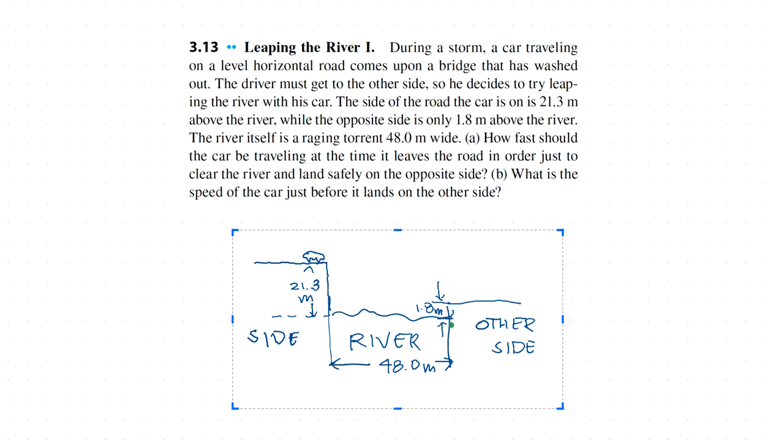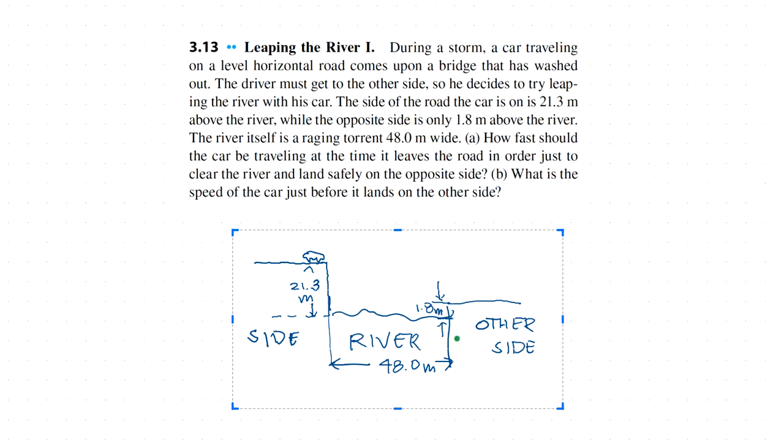Then, given yung length ng river or width, so yung kapal ng river is 48 meters. So, kailangan hindi siya mahulog dun sa river.